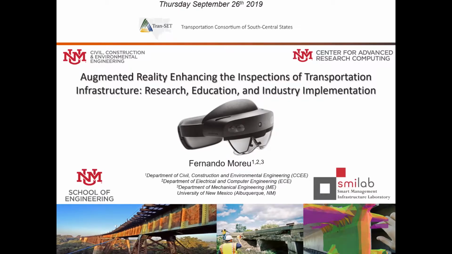This is a picture of the group of graduate students that are working with me on the research that I will present today. They are graduate students in the Department of Civil Engineering, and the contents of this work is being done by them.